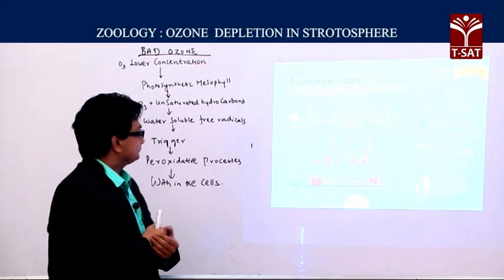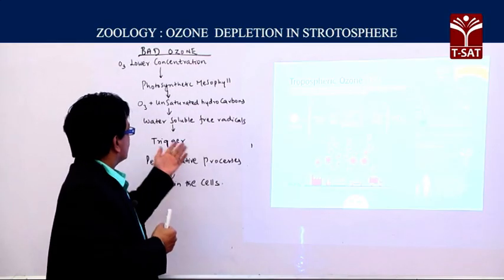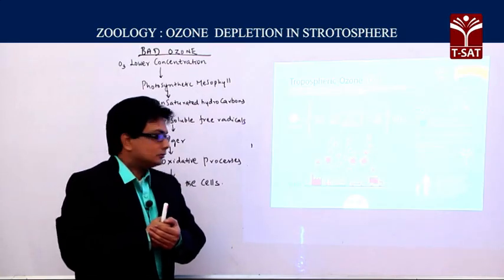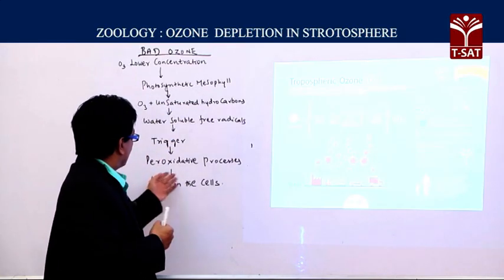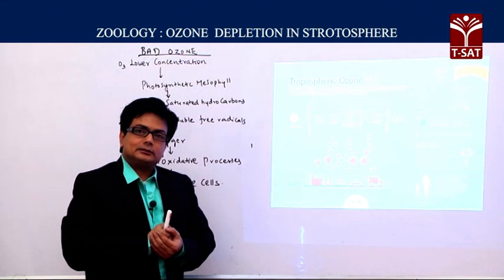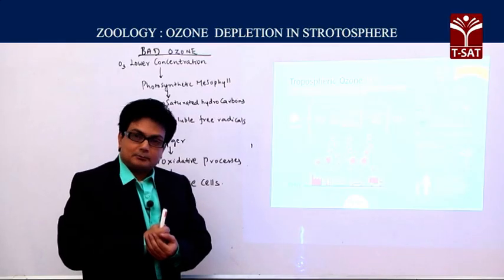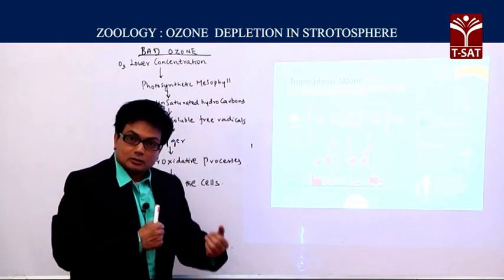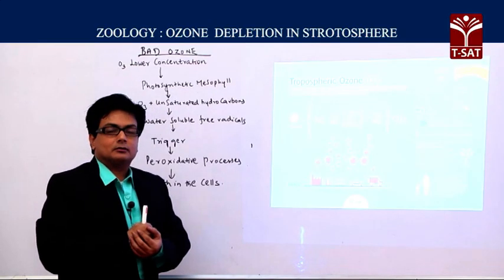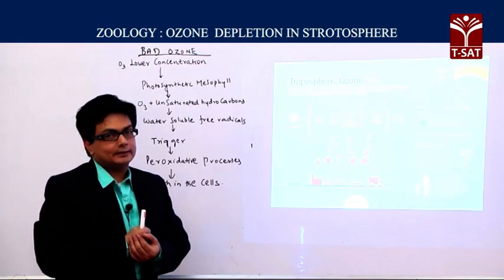Ozone reacts with the unsaturated hydrocarbons and will generate water soluble free radicals. This particular change would trigger peroxidative processes within the cells, and the parts which are vulnerable to this effect are the cell membranes. So at lower concentration, if this would be the impact of ozone in the troposphere, imagine at higher concentrations what could be the effect of ozone in the troposphere.